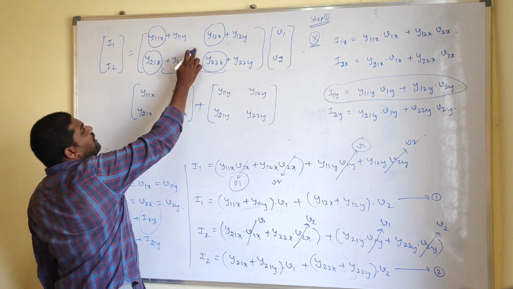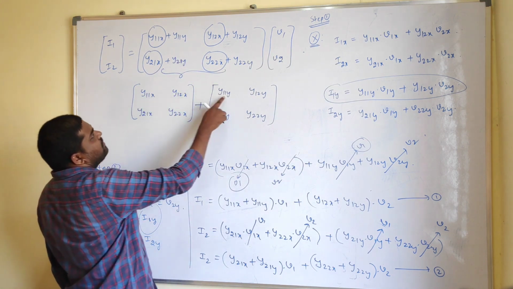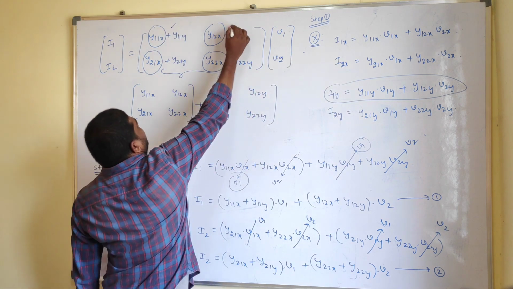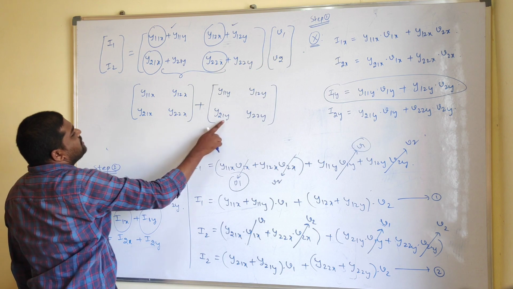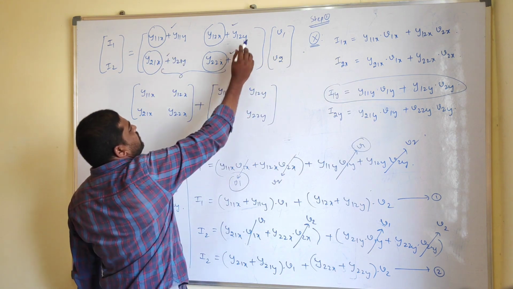Now you will get this resultant matrix: Y11x plus Y11y, the first term is over; Y12x plus Y12y, second term over; Y21x plus Y21y, this one over; and Y22x plus Y22y, the fourth term is over.